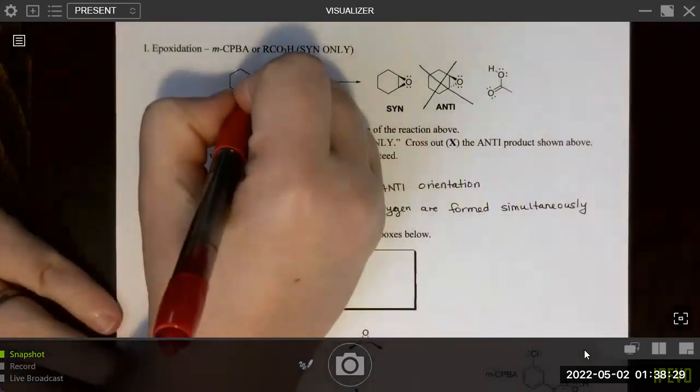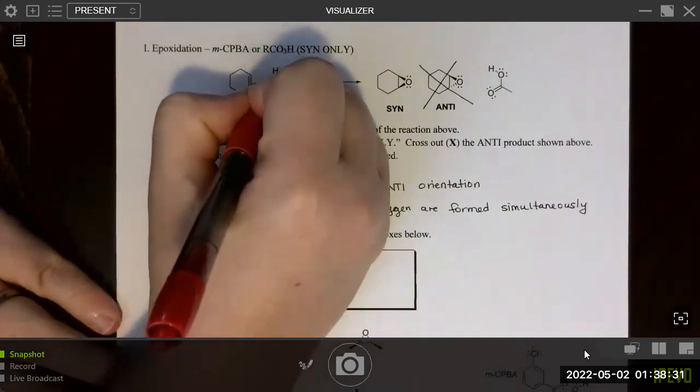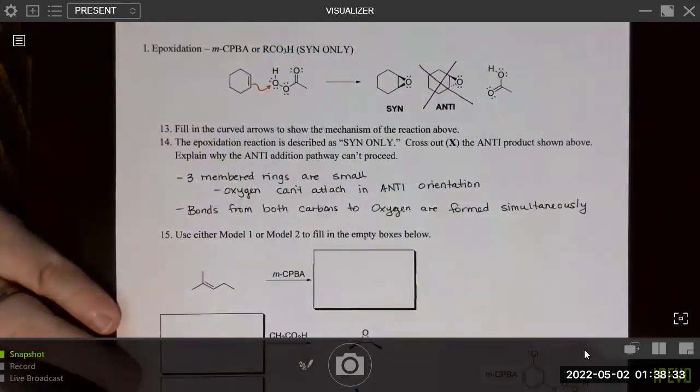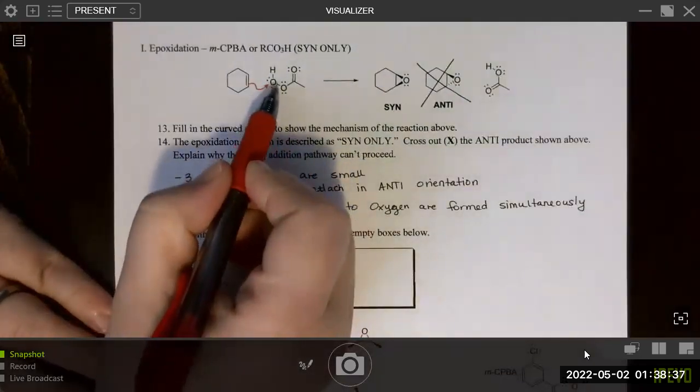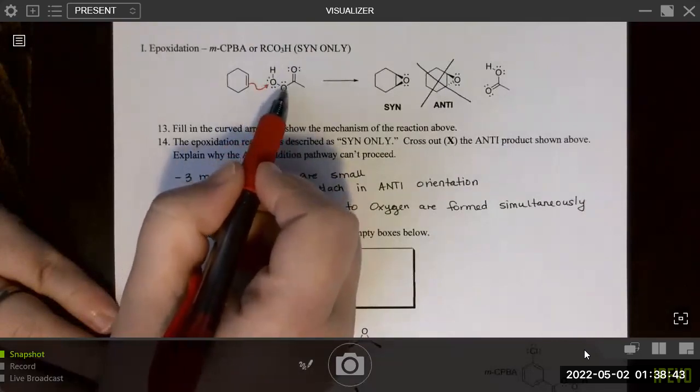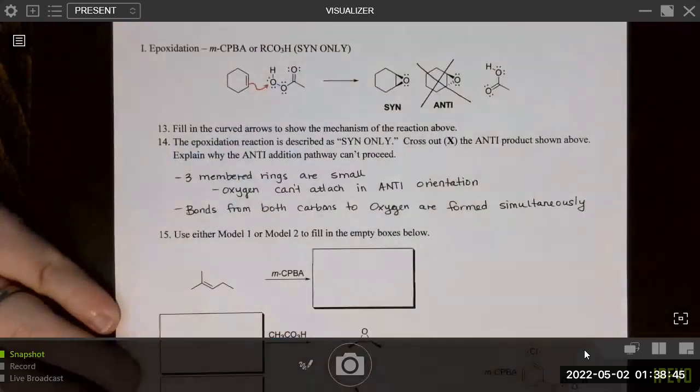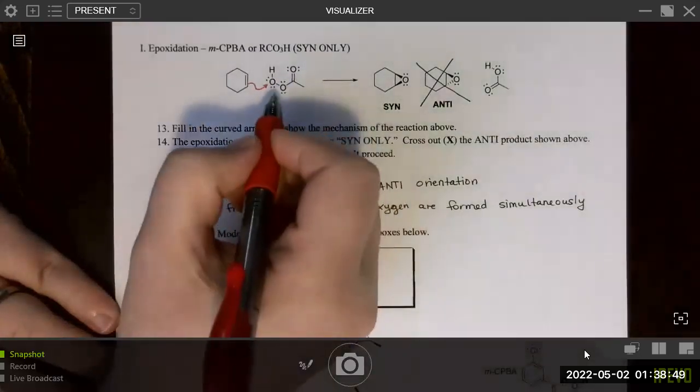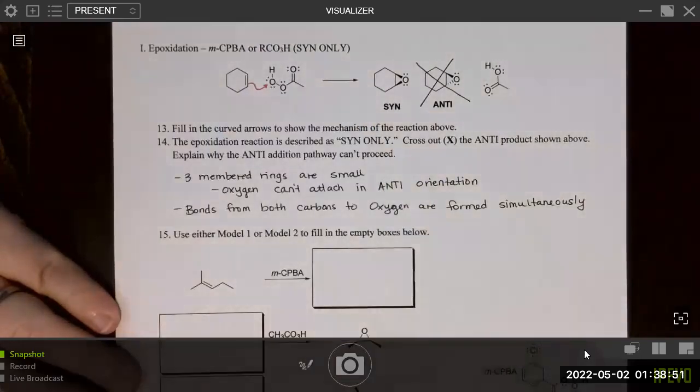So the pi bond, which is nucleophilic, can go ahead and attack, and it will selectively attack this oxygen because this group is a better leaving group. Think about the electrons here, right? If I add them as a lone pair, they'll be resonance stabilized. So that's why if I attacked this oxygen, I would have to have OH as a leaving group, which we know is not good.